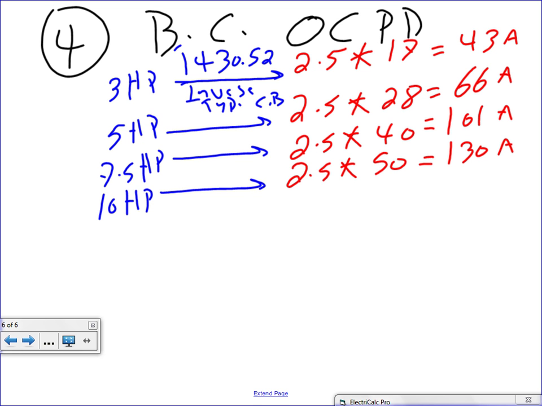Everybody went to Table 430.52, guys. The last column is the inverse time circuit breaker, and it's a single phase motor.